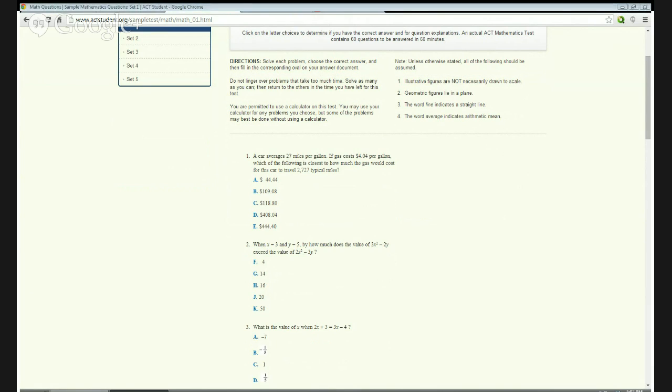It will look like it is, and they usually are, but they don't always want you to assume that. Geometric figures lie in a plane. The word line indicates a straight line, and the word average indicates the mean, the arithmetic mean. So we just talked about that. Average is a mean.